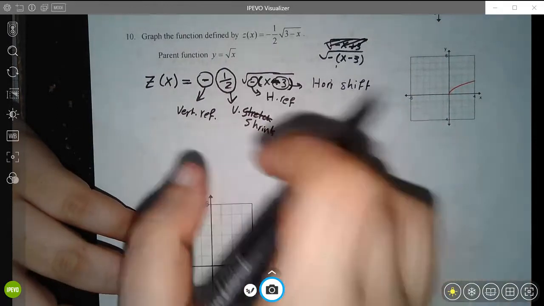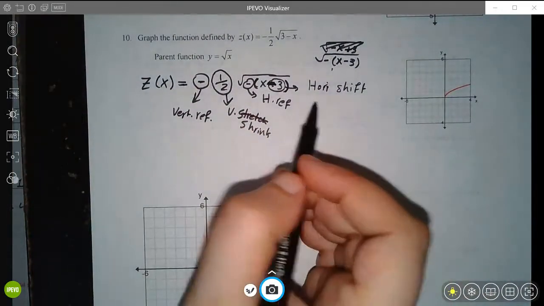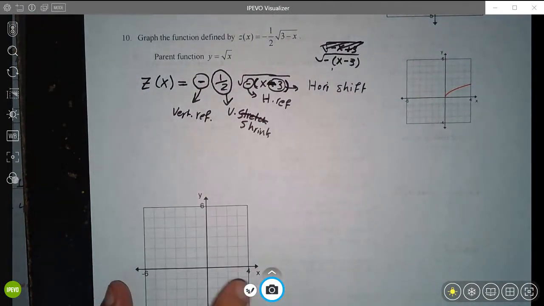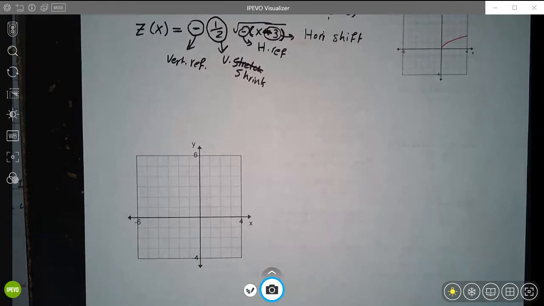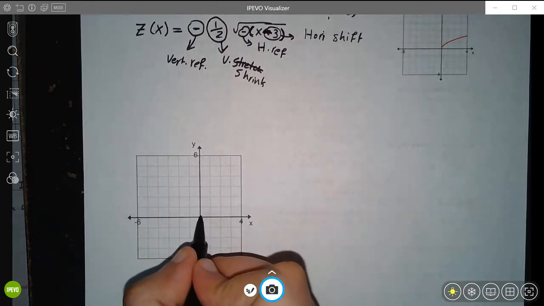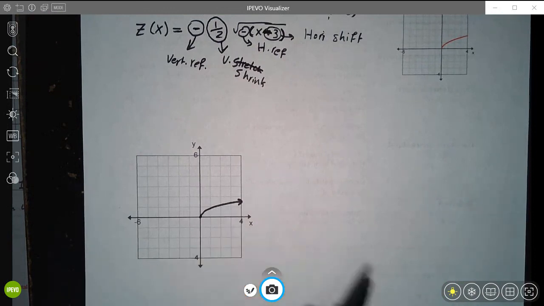Now let's graph it. I'm going to do them one by one. Again, the order says you start with the horizontal shift, which means this one. I'm going to graph the original function here. It's the graph of the square root of x, which we saw at the beginning of lecture. Kind of like this.